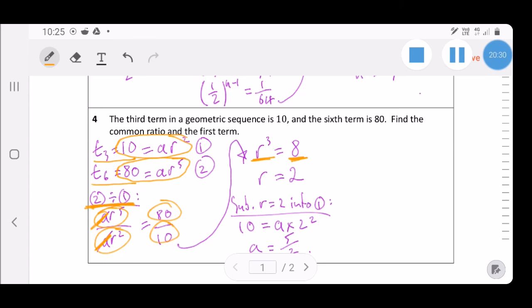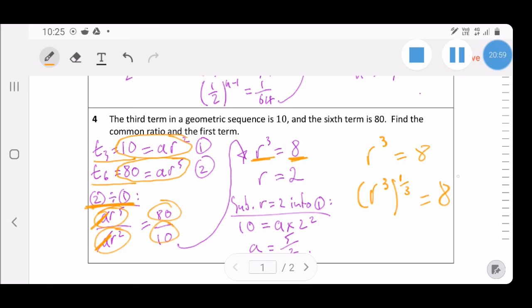And let me just explain that actually, because people get confused by this. If R cubed equals 8, what do you have to do to R to get rid of that 3? Well, if you remember your index laws, powers outside of brackets multiply by powers inside of brackets. And 3 times a third is 1, which will get us exactly what we want. But then we have to do it to the right-hand side.